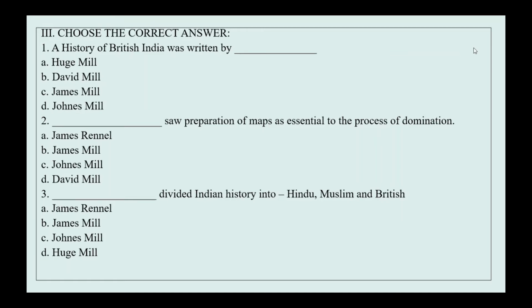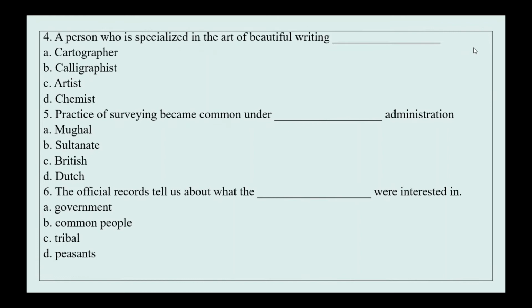Okay, fine. The fourth question is, a person who is specialized in the art of beautiful writing dash. A person who is specialized in the art of beautiful writing is known as option A, cartographer, option B, calligraphist, option C, artist and option D, chemist. Which is the right answer?